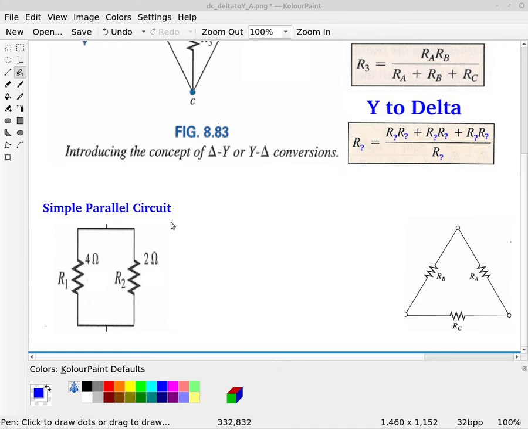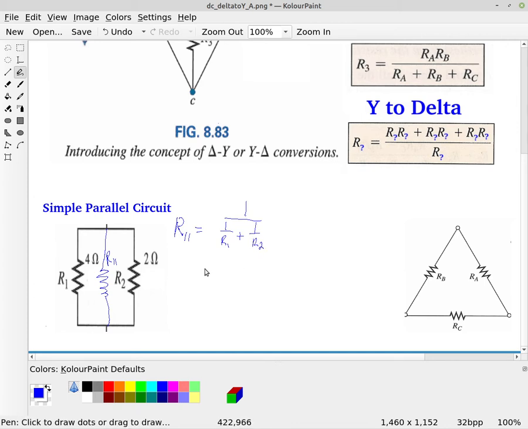In this parallel combination, we know that we could replace these two parallel resistors with a single resistor, call it R parallel, where R parallel is 1 over (1 over R1 plus 1 over R2).